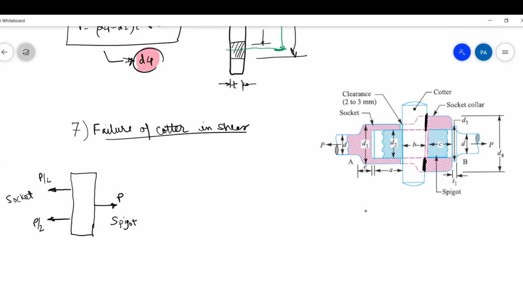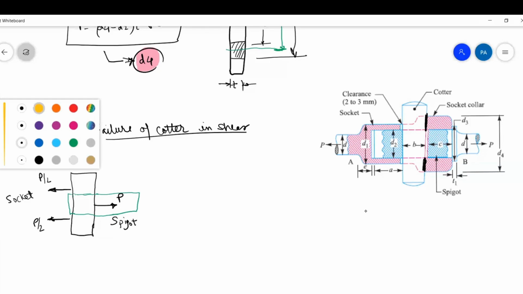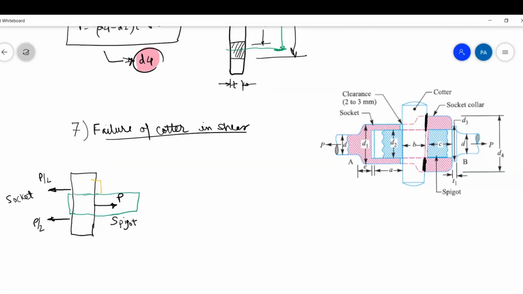Where is the Spigot? The Spigot is like this. And where is socket? Socket is something like this. This is the part of the socket. Okay, there is socket and there is Spigot.